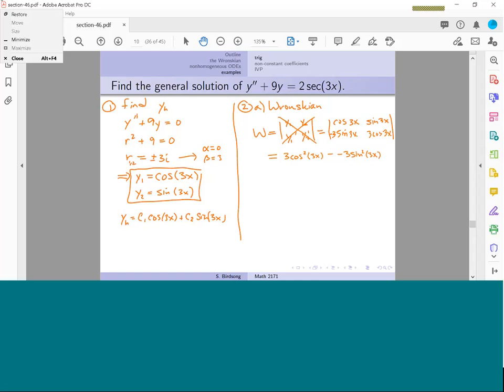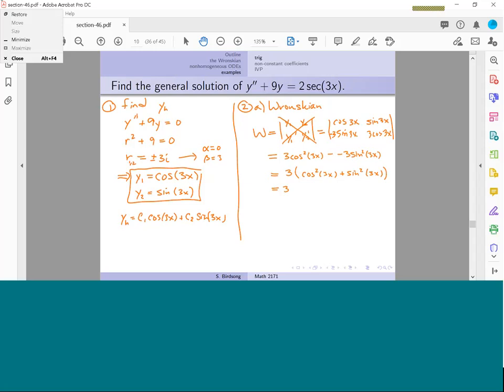Anybody have a guess? So I'll do the middle step and then we'll get to our answer of 3. If we factor a 3 out of both of these terms, you'll get cosine squared. The two negatives turn into a positive. You factor a 3 out of the last term, you'll get sine squared. And notice cosine squared plus sine squared totally equals 1.